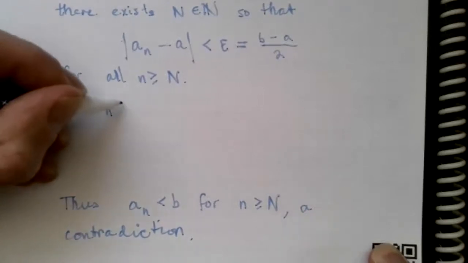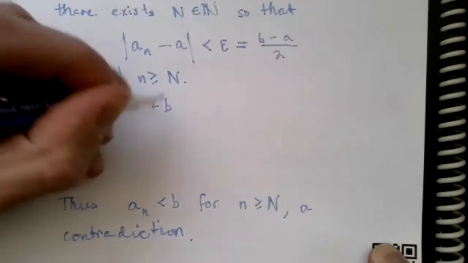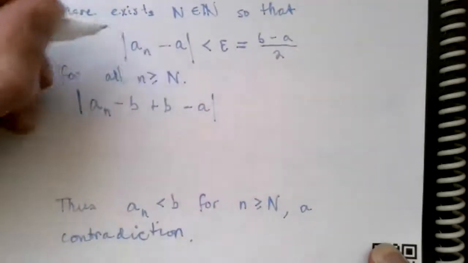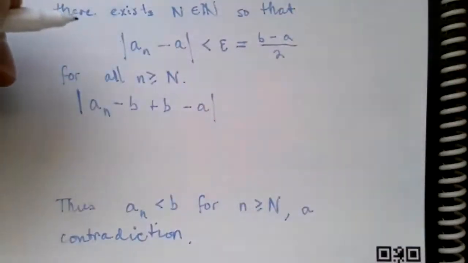We got A sub n minus B plus B minus A. And we know we can make this thing arbitrarily small.